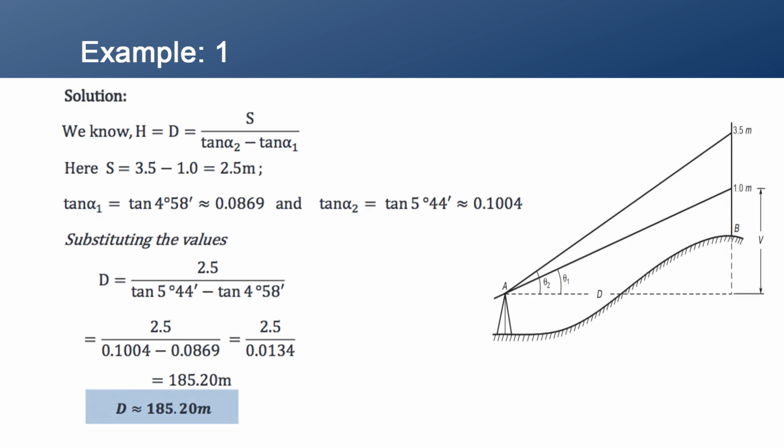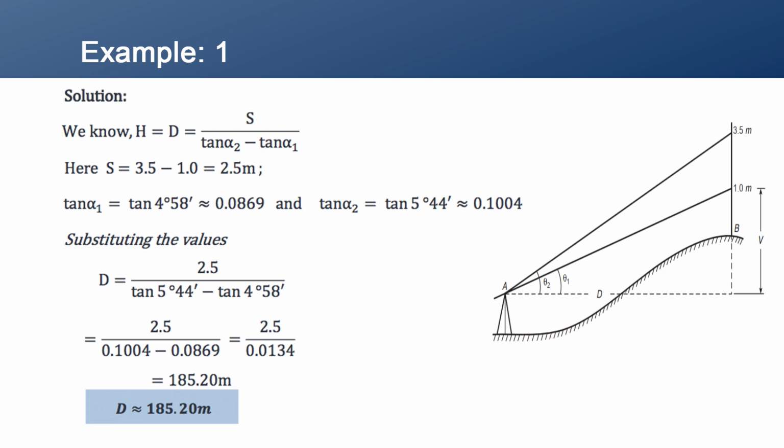First, calculate the horizontal distance from the instrument. We know that h, that is the horizontal distance from the instrument, is given as s by tan alpha 2 minus tan alpha 1. Here s, which is the difference in the staff reading, can be calculated as 3.5 minus 1, which is 2.5 meter. The tan alpha 1 is equal to tan 4 degree 58 minutes, approximately 0.0869, and tan alpha 2, which is tan 5 degree 44 minutes, is approximately 0.1004.